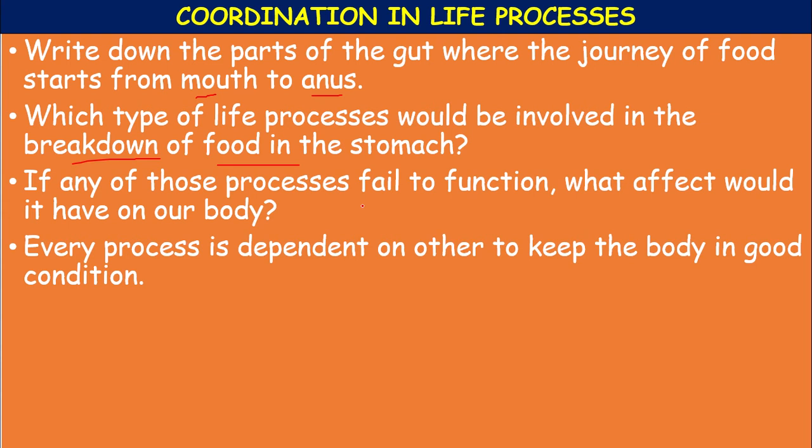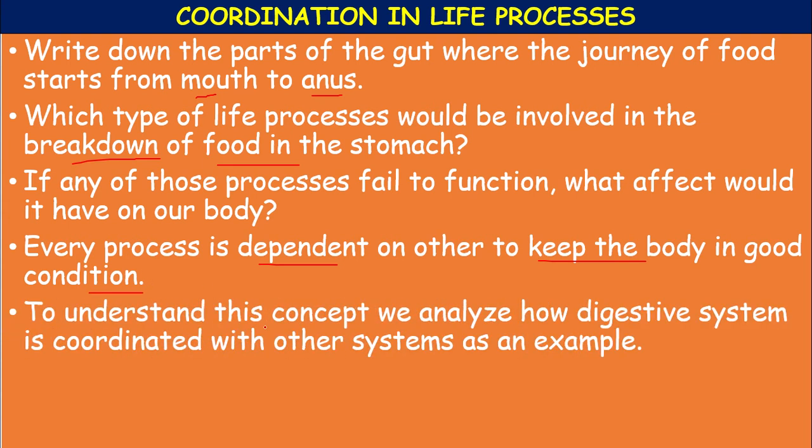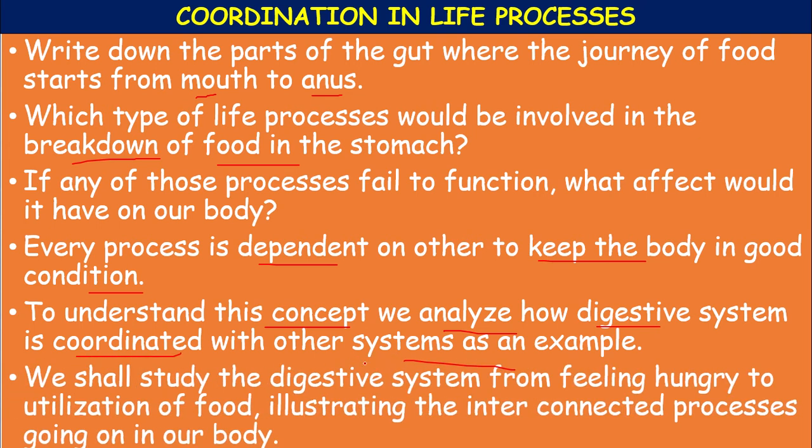That also we have studied at the end of the lesson, isn't it? So every process is dependent on the others to keep the body in good condition. To understand this concept, we analyze how the digestive system is coordinated with other systems. As an example, we shall study the digestive system from feeling hungry to utilization of the food, illustrating the interconnected processes going on in our body.